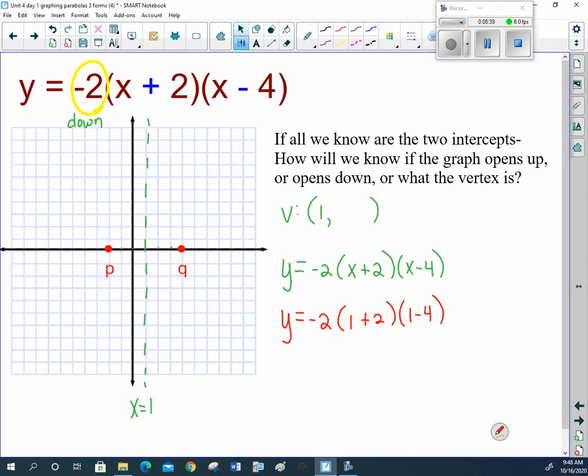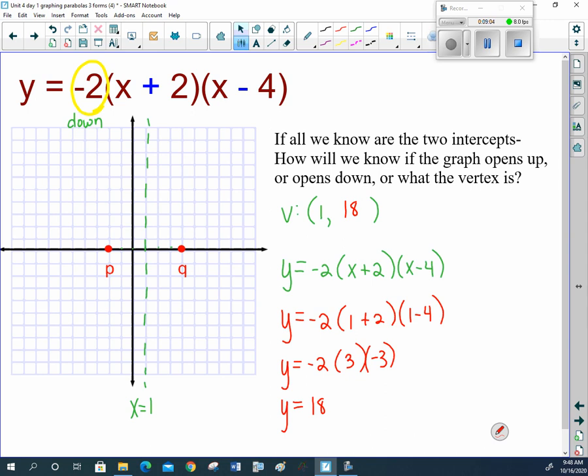Okay, order of operations, I'll do what's in the parentheses first. That's 3, and 1 subtract 4 is negative 3. Now I'll multiply: negative 2 times 3 times negative 3 is 18. So my vertex is at (1, 18).